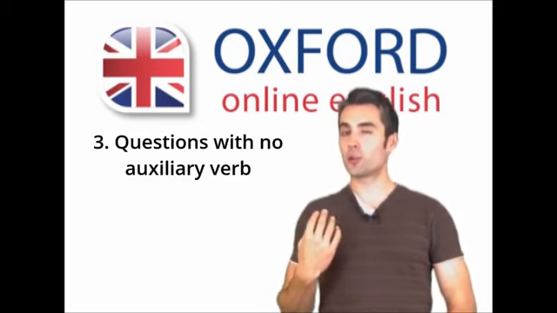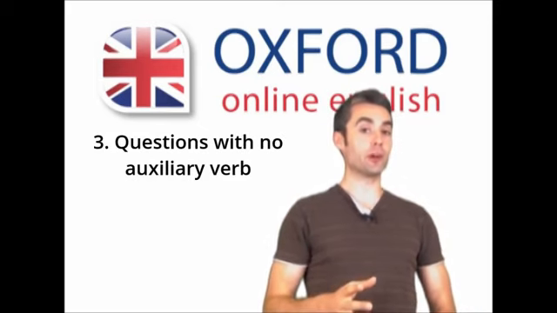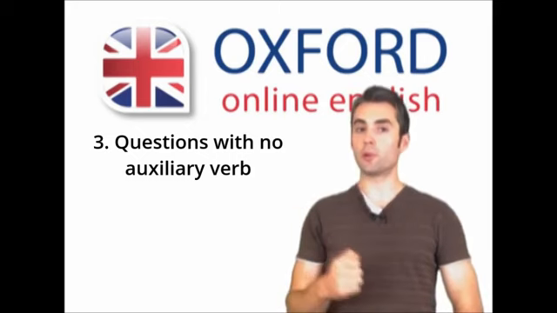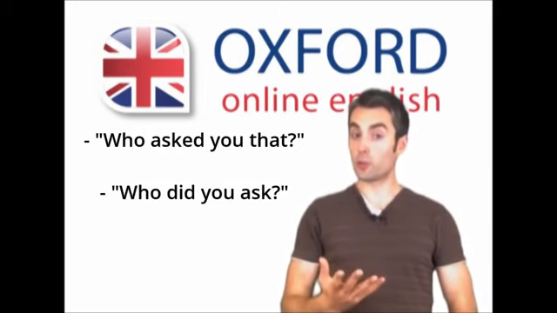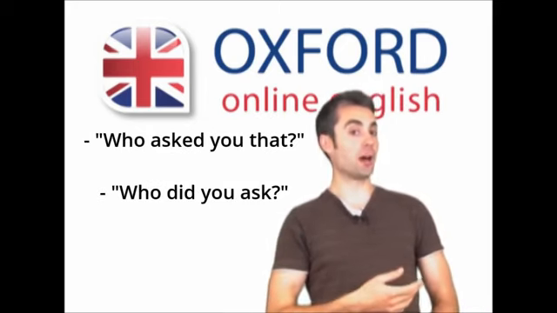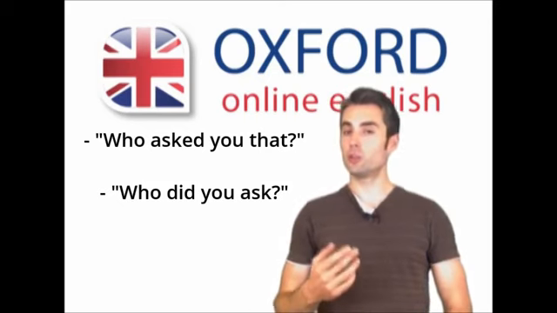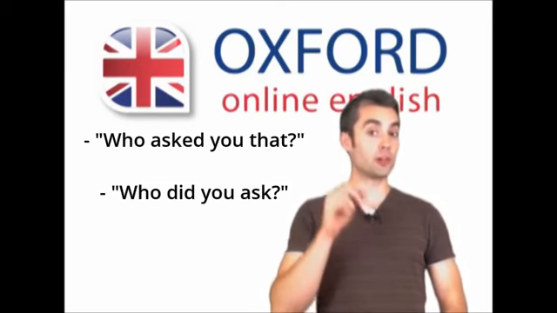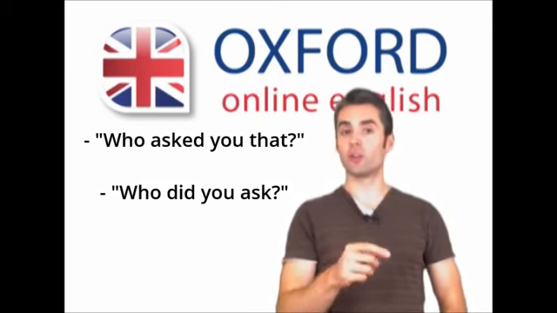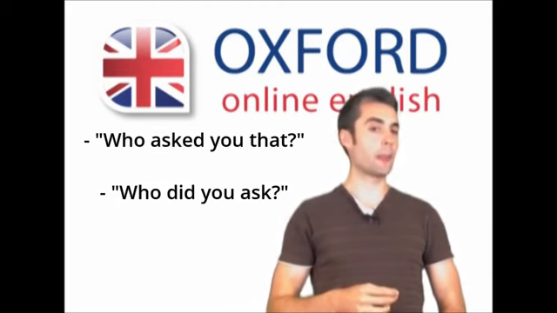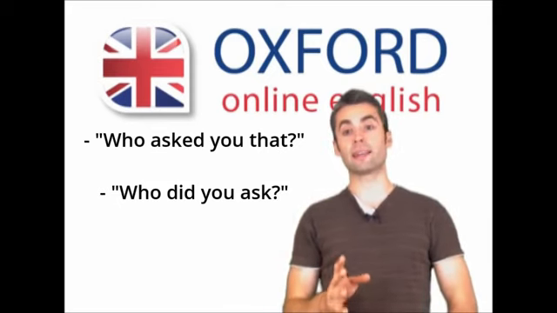Number three. Let's look at questions without an auxiliary verb. So, two examples. Who asked you that? Who did you ask? Do you know why we use the auxiliary verb did in the second question, but not in the first question? Well, there are two ways of looking at this.